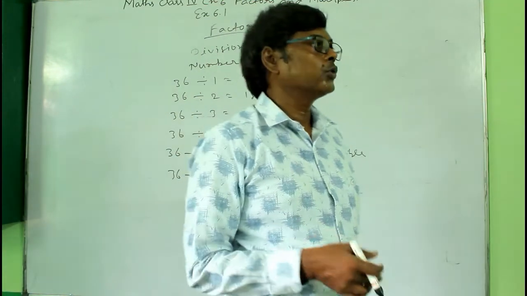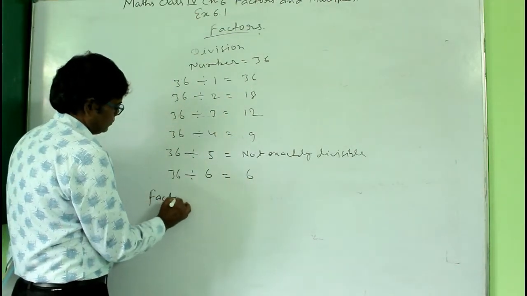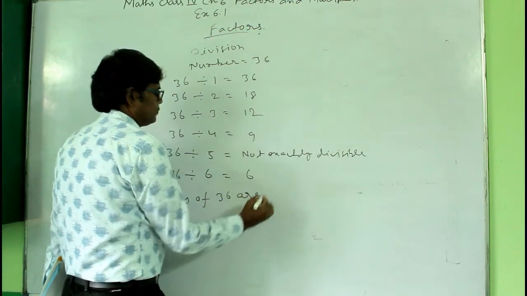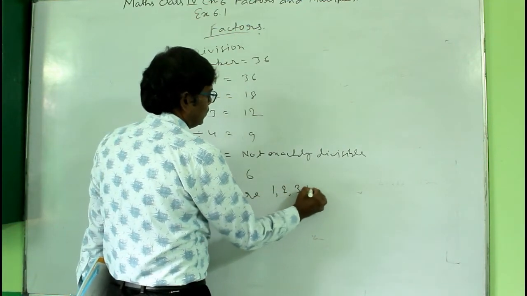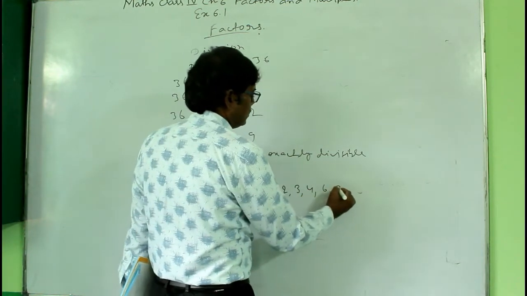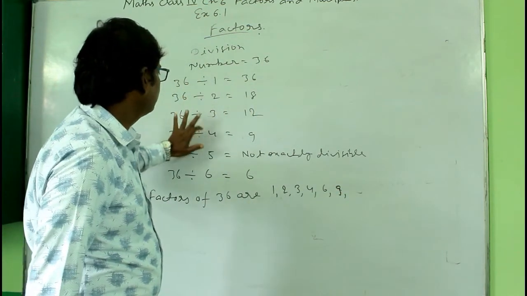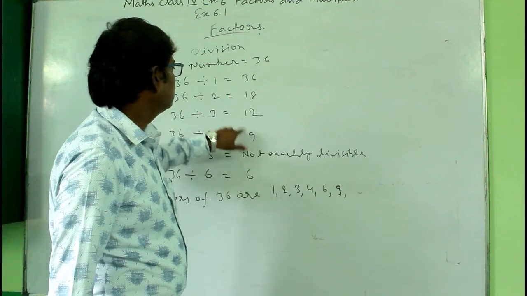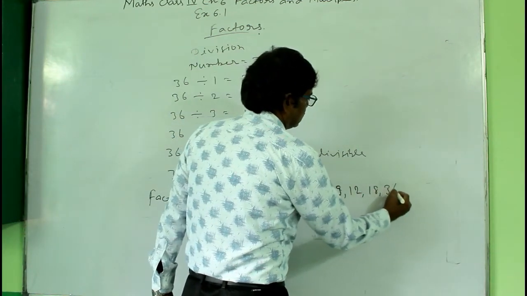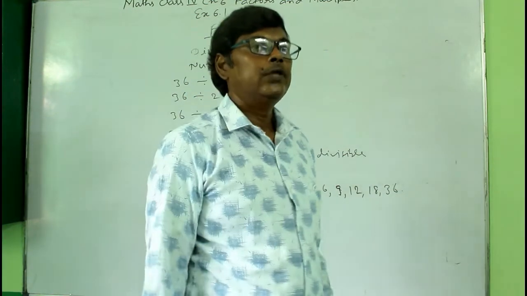So the factors of 36 are 1, 2, 3, 4, 6, 9, 12, 18, 36. These are the factors of 36 by using the division method.